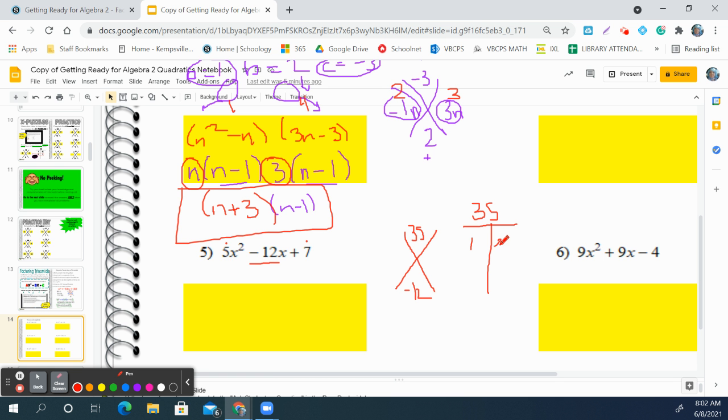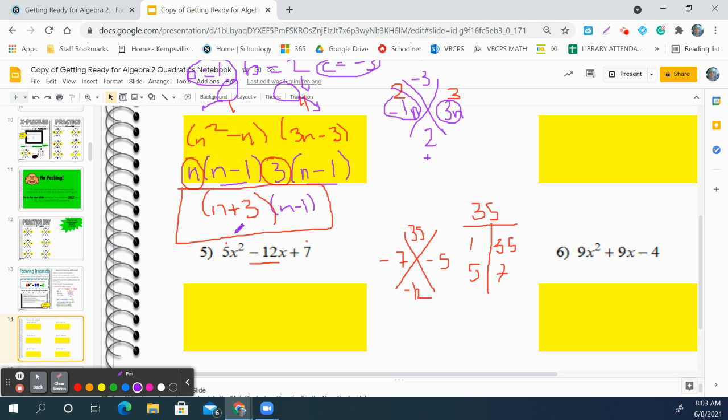On the face of this might look hard. 1 and 35, 5 and 7. -7 and -5, absolutely. Because I've got a negative down here, I know my bigger number needs to be negative. Because I have a positive at the top, they both have to be negative.